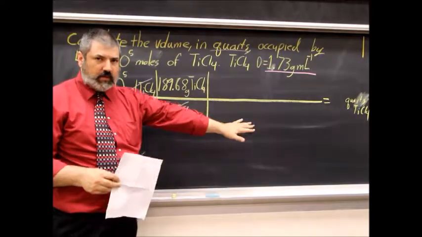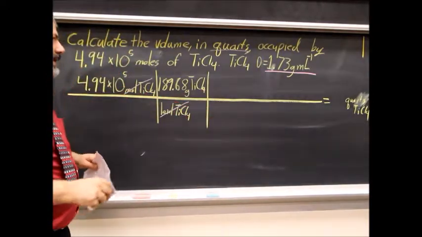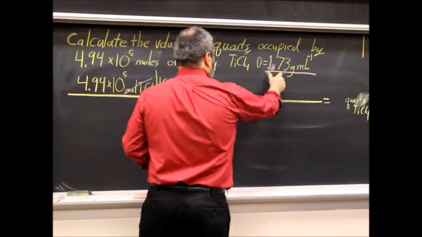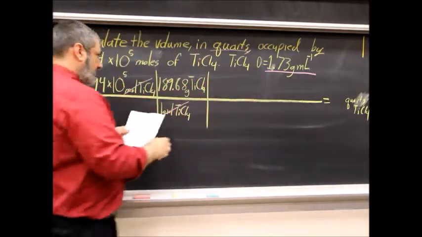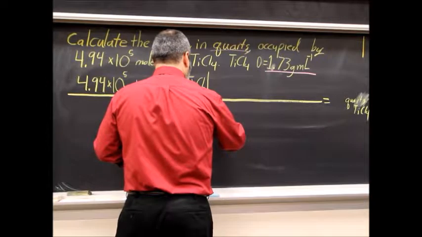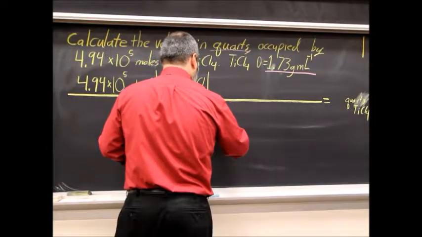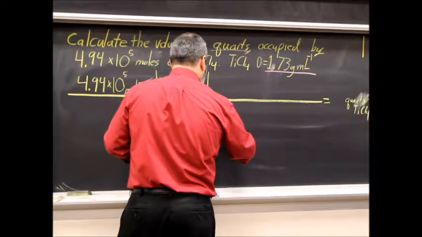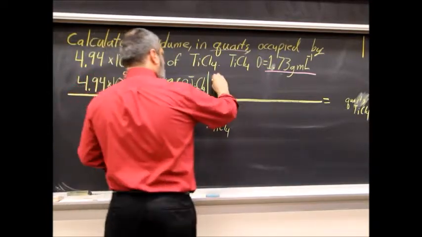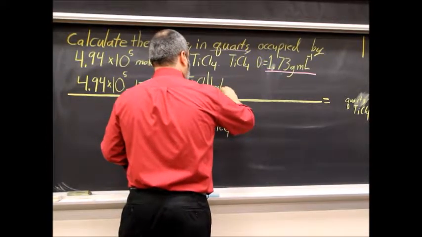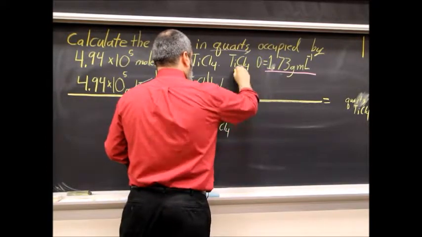Mass, we want volume. Again, kind of beating that to death, but it's very important to recognize that now we use the density. 1.73 grams of titanium tetrachloride is equivalent to 1 milliliter of titanium tetrachloride.